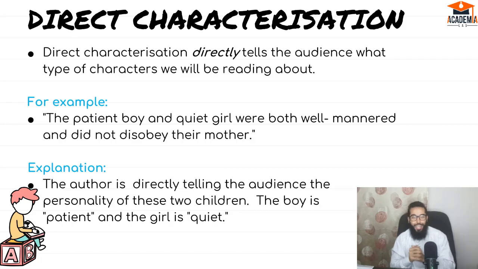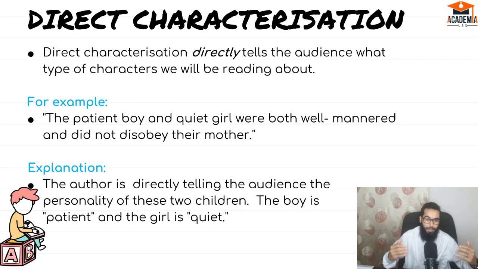Now, direct characterization. As we said, characterization is how the authors or the writers reveal the characteristics of their characters. What do the characters do? How do they feel? And so on. Direct characterization directly tells the audience what type of characters we will be reading about. Do you understand? I'll give you a very good example here. The patient boy and quiet girl were both well-mannered and did not disobey their mother.